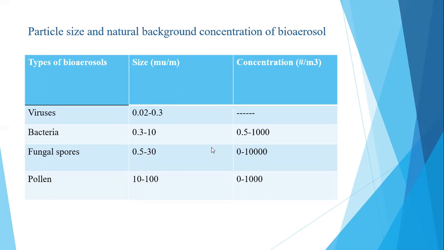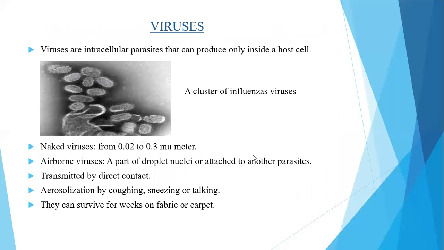For fungal spores, the size will be 0.5 to 30 μm, and the concentration will be 0 to 1000 per meter cube. For pollen, the size will be 10 to 100 μm, and the concentration will be 0 to 1000 per meter cube.